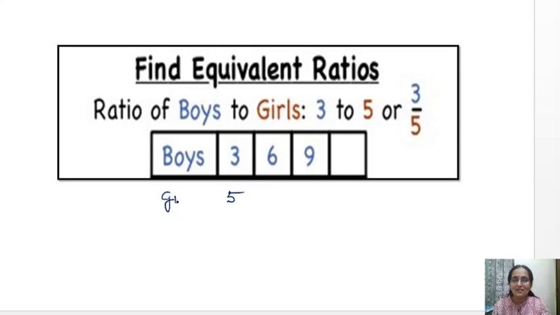You have to get the equivalent ratios for these two terms. 6 is the boys term, equivalent to 3 into 2, it is 6. Similarly 5 into 2, it is 10. Get the equivalent ratio for the third ratio, where the boys term is 9. You have to get the girls term. Get the term by yourself.